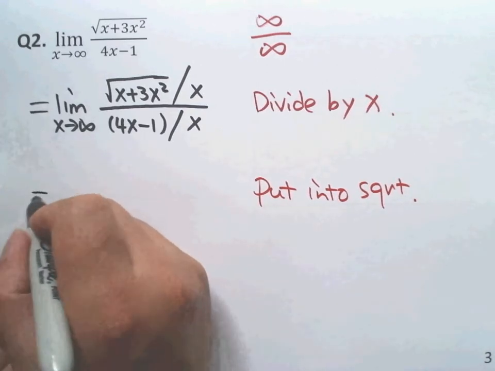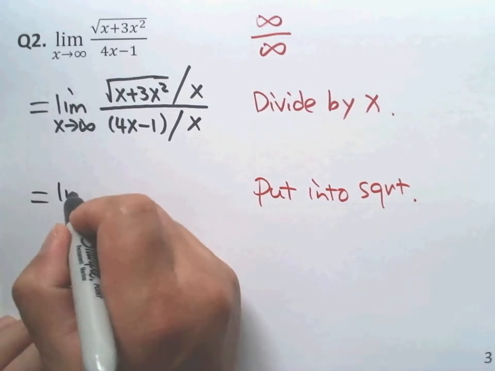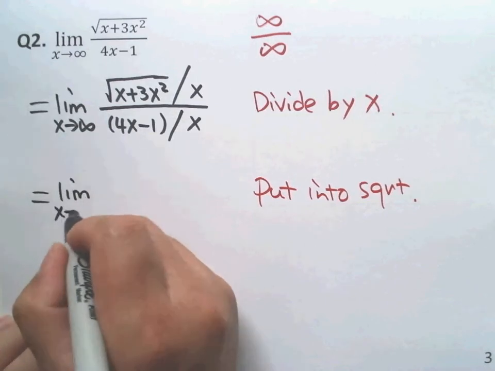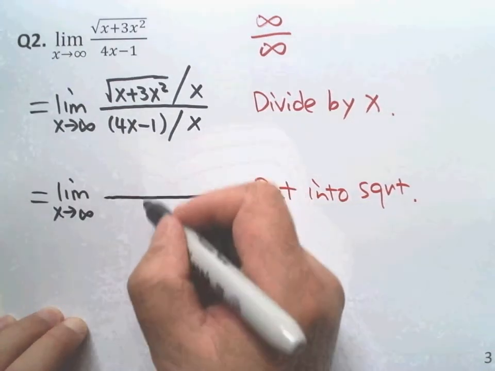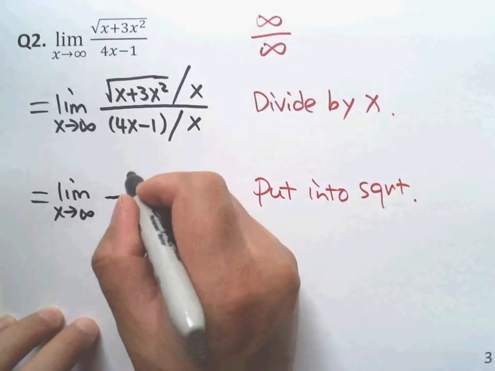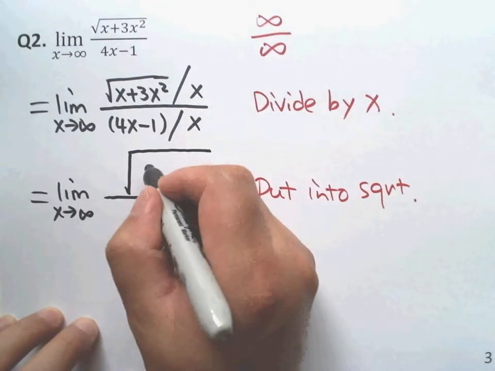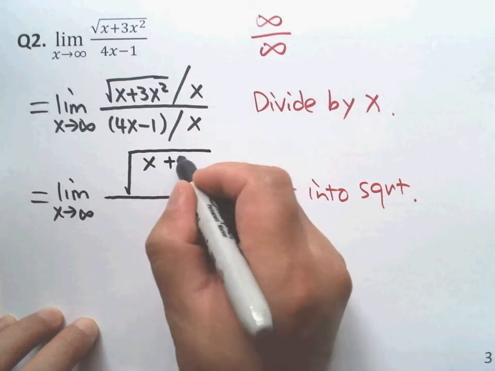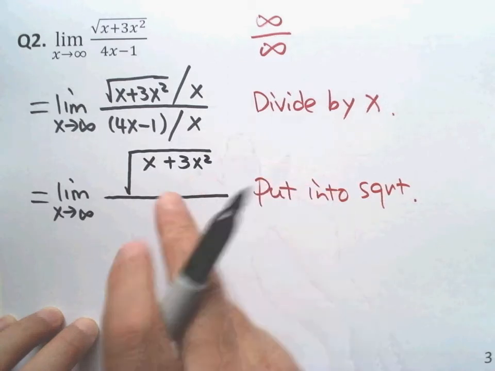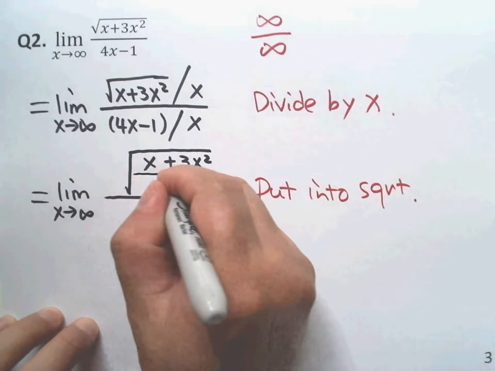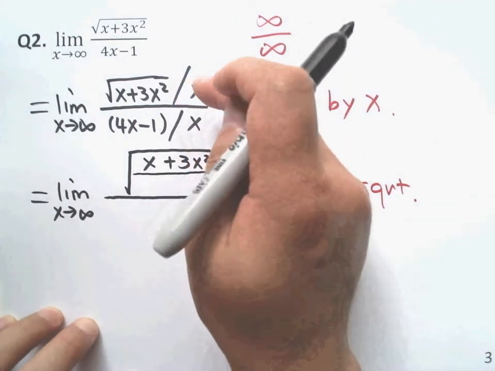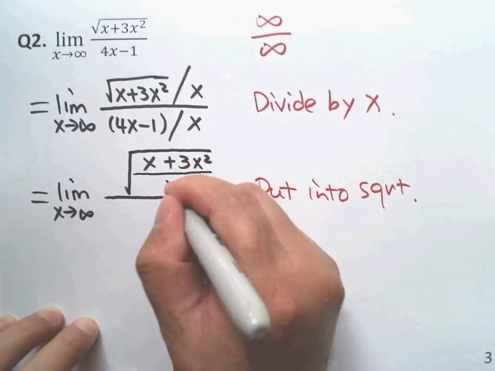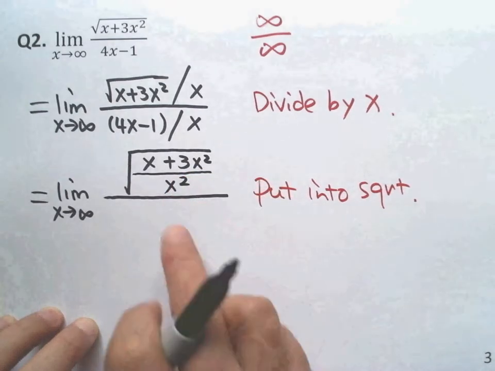See what we have. We will have the limit as x approaches infinity of a big square root, and x plus 3x squared, the original, is divided by what? Not by x. Outside is x, so inside is x squared.